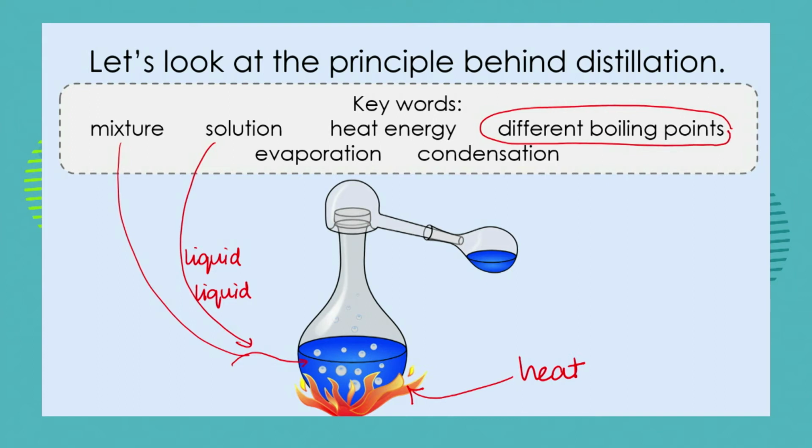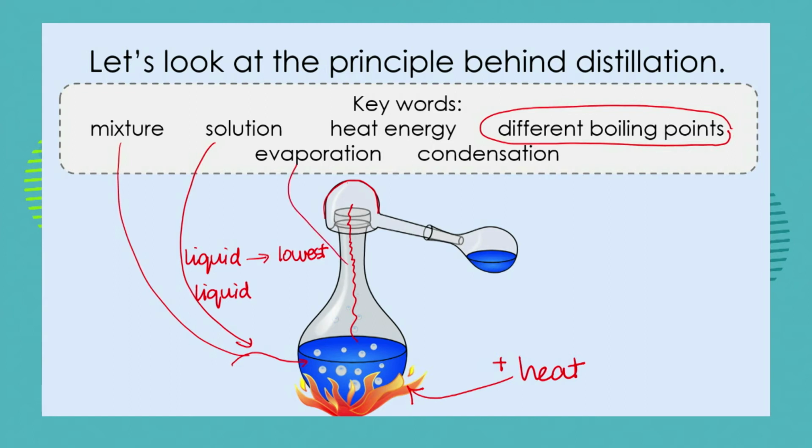And so as we add heat energy, we're going to see that the liquid that has the lowest boiling point, in other words, it boils soonest, is going to evaporate, and it's going to get trapped in this little container.